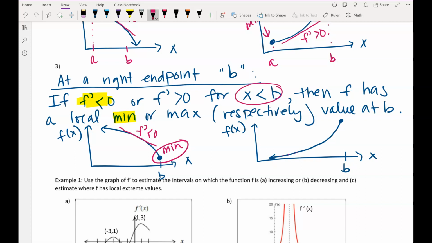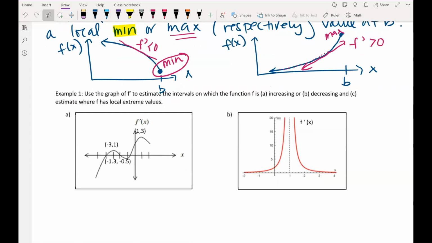Well, yeah, because this is on the left side, all of that is less than the value of b. Then the slope over here, that derivative is going to be bigger than 0 because the function is increasing. So if that's the case, based on your definition, if it's bigger than 0, then it's a maximum. And that is true. So the endpoints, again, are always the more confusing part for students.